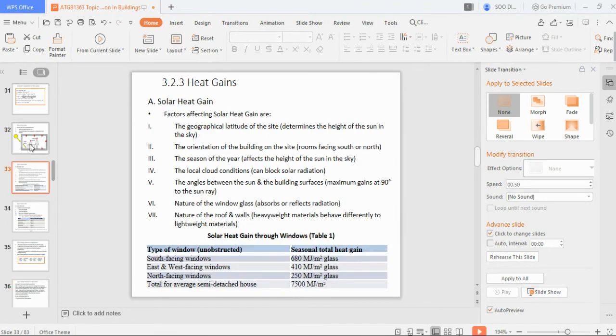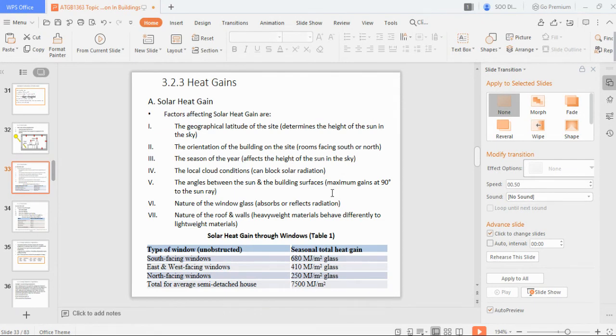Okay, so the first is the solar heat gain. So there are several factors in which solar heat gain can be affected. So if you are in a summer country as opposed to a winter country, generally a summer country with more sunlight will provide more heat gain.